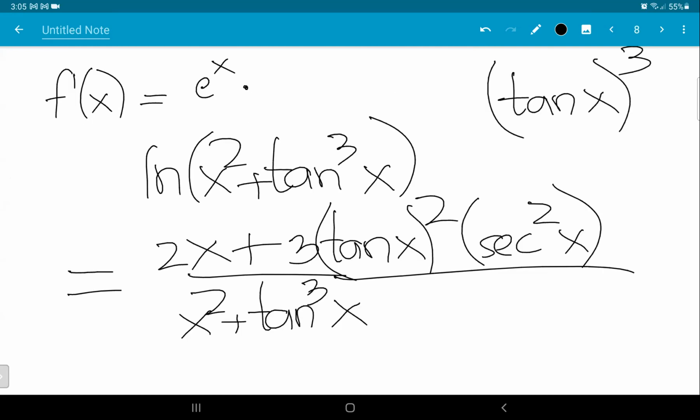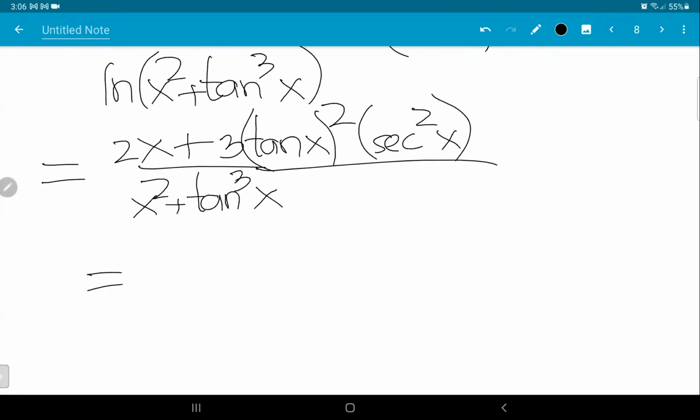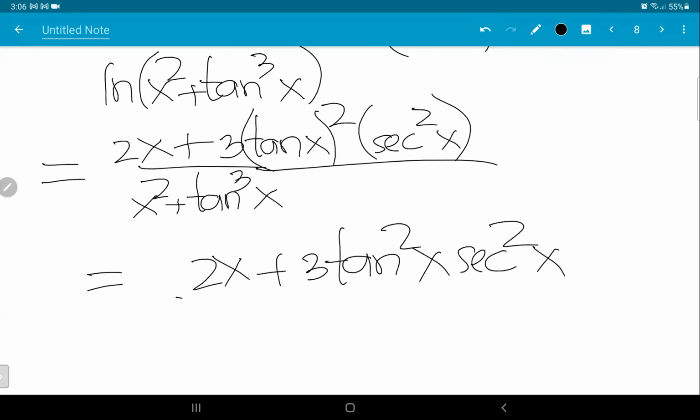Or another way of writing this one would be 2x plus 3 tangent squared x. This one here. There.